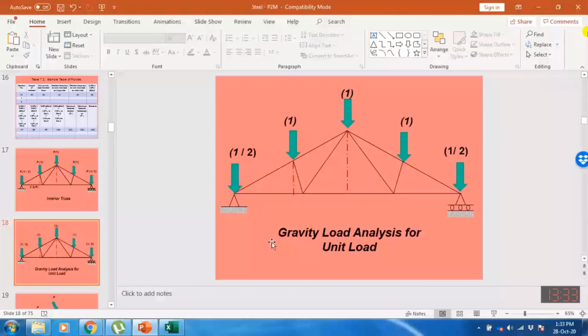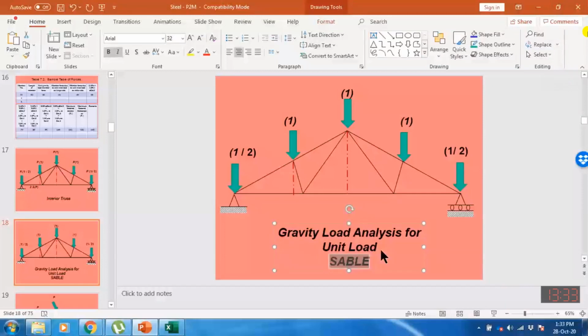You can even download one, or you can perform the truss analysis online. One of these software, maybe I can write down the name, is Sable. There are many other software available, so just for example I'm writing Sable here, but you can search on Google. They are very easy to use. You just need to learn and read the instructions.